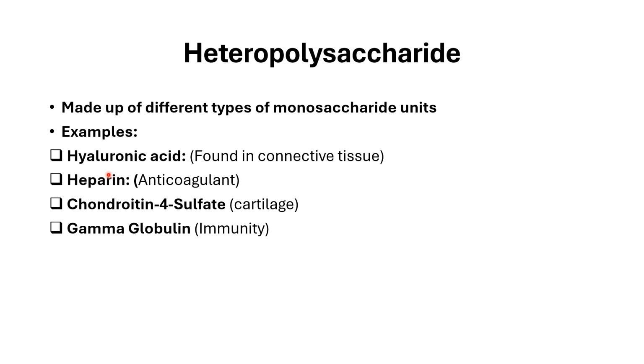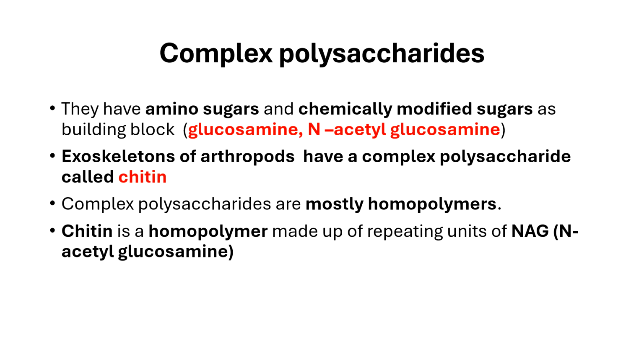We all know hyaluronic acid is found in connective tissue, heparin is an important anticoagulant, chondroitin 4-sulfate is found in cartilage, and gamma globulin is responsible for immunity. Here you can just remember the examples. If you can remember, then remember the repeating units. Otherwise, examples are also okay.